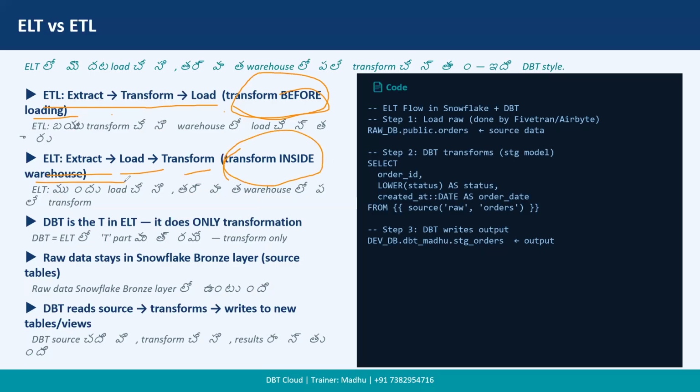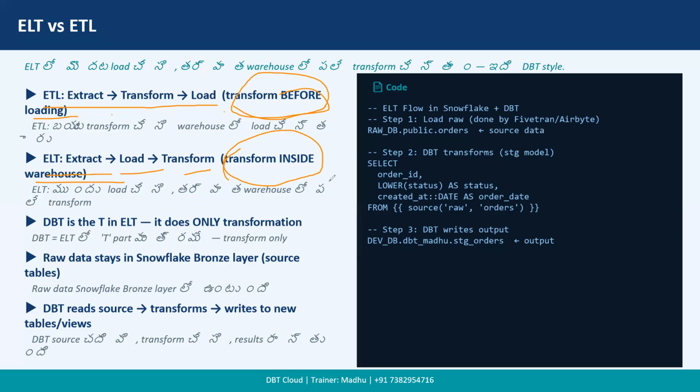It means when we are loading data from S3 to Snowflake, after that we are doing the transformations. After loading data from S3 to Snowflake, then we connect with DBT.